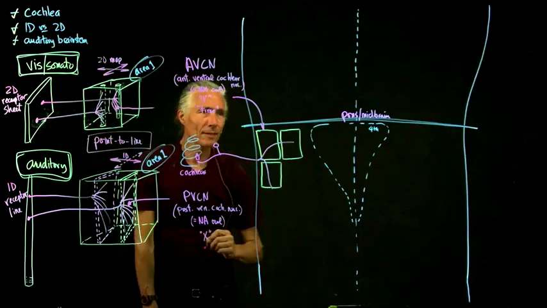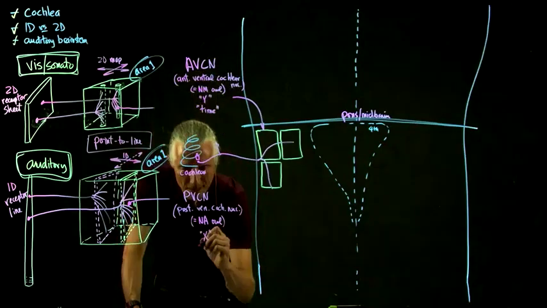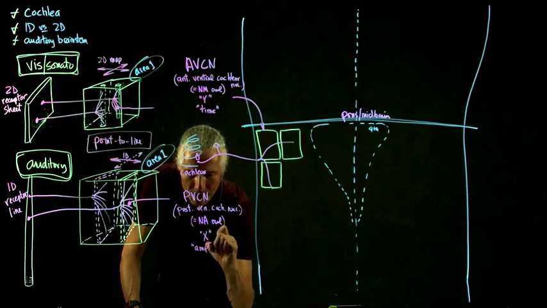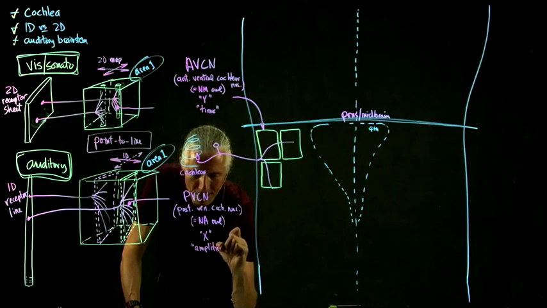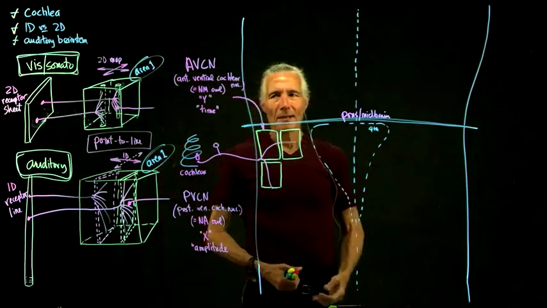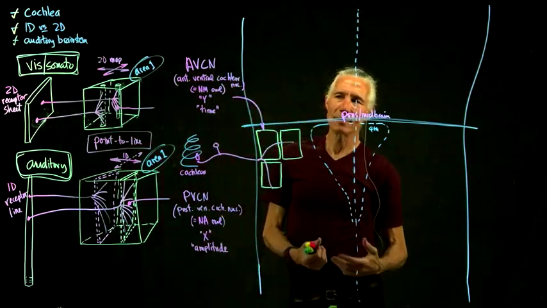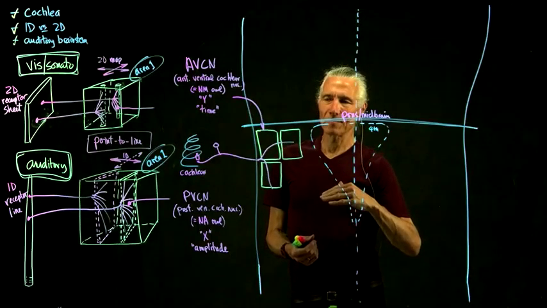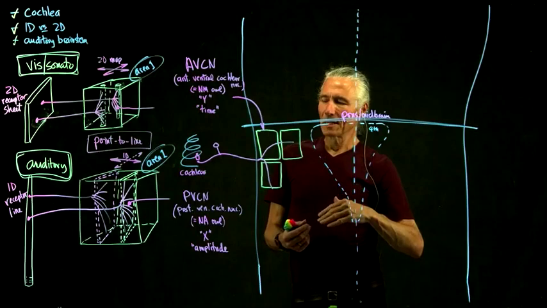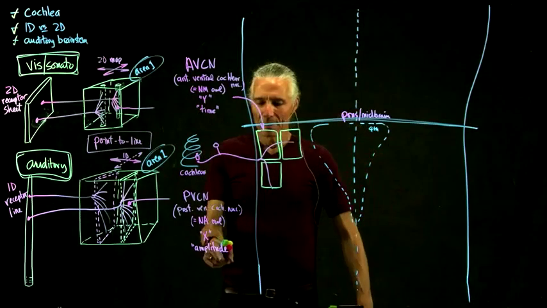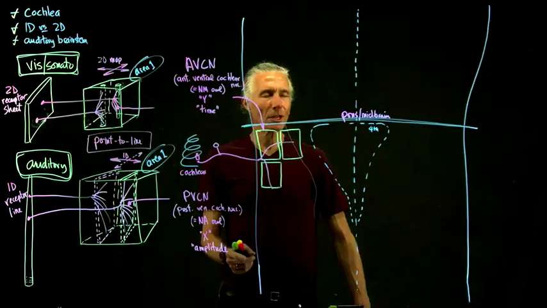But in the auditory system, instead of calling it X, they call it the amplitude pathway. Now, if you think about it, that's kind of like an X cell. Like an X cell in the retina or the LGN is good at representing how bright something is, because it will continue to respond if you leave the light on, whereas the Y cells, they just respond to the change.